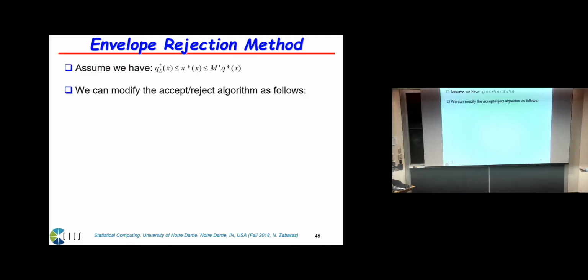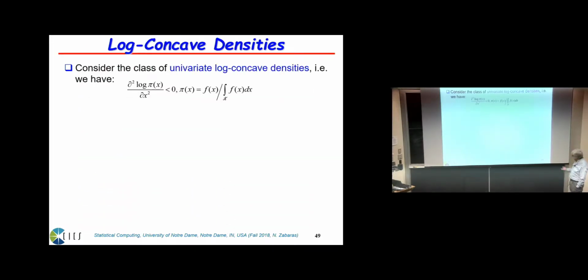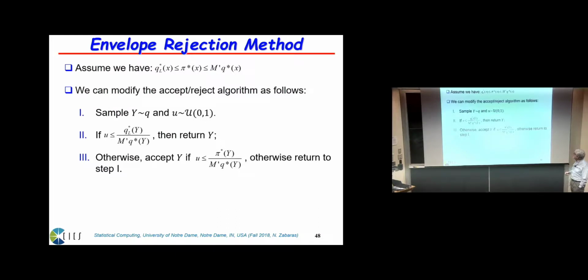L means from below, right? And somewhere here I'm going to put an upper one, okay? So we can bound from below with QL star and from above exactly as before. So here is an algorithm that I want you to look at and tell me if you have any problem with it.